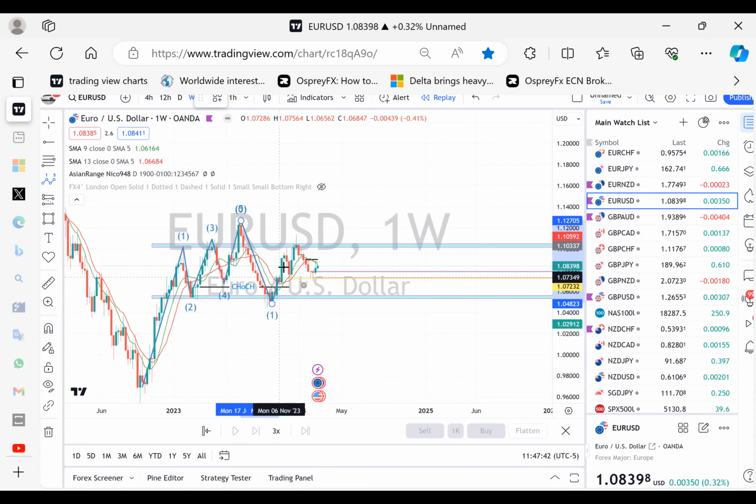So we want to see price trade back into the imbalance, right? And it does. Then you want to see price break down. I would expect that we're going to see this leg of price break down eventually to take out this low, right? And when it does that, it will trade back up to give you another entry to sell down.